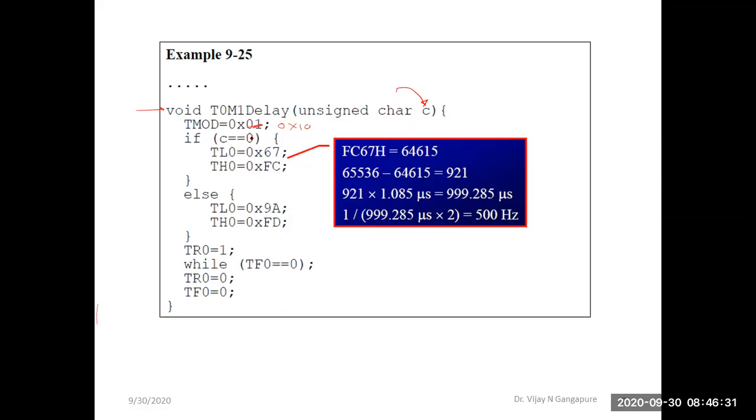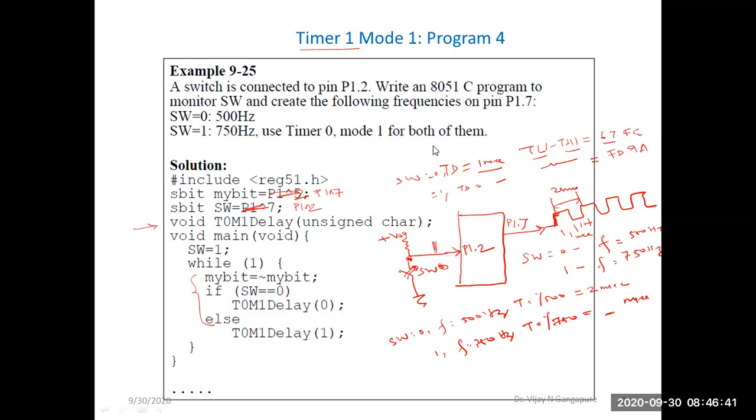Now if C is equal to 0, meaning switch is equal to 0, I have to load 67 in TL0 and FC into TH0. When switch is equal to 0, I have to load 67 FC into TL1 and TH1 to generate a delay of 1 millisecond, so that the frequency of this square wave will be 500 hertz.